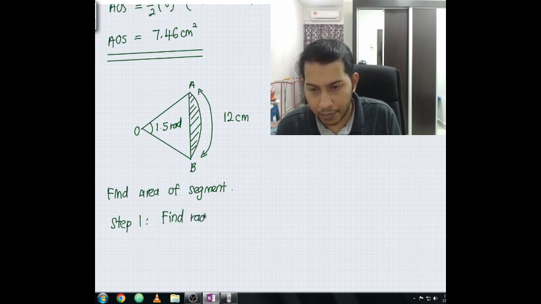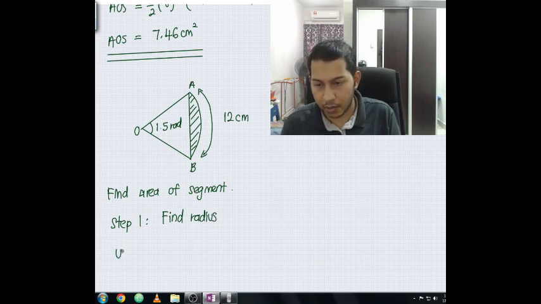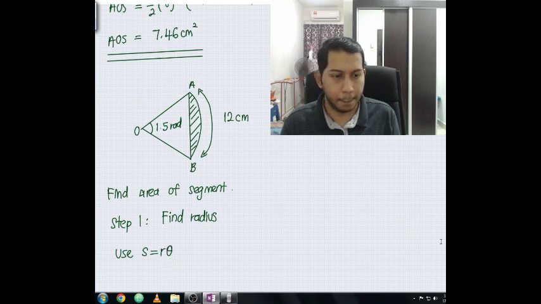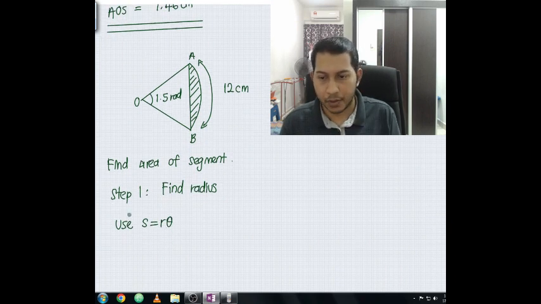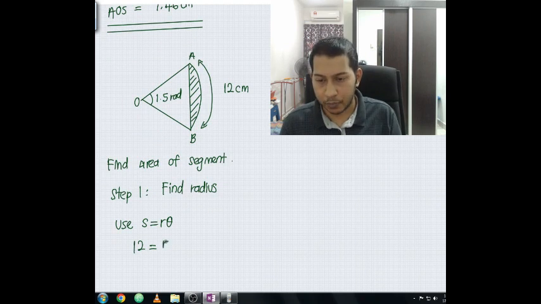So from here we're going to use S, sorry guys, it's hanging. S is equals to R theta. S they already gave us is 12 centimeter. R we don't know yet, that is the one you're going to find out. Theta they already gave us is 1.5. So to find your radius it will be 12 divided with 1.5.